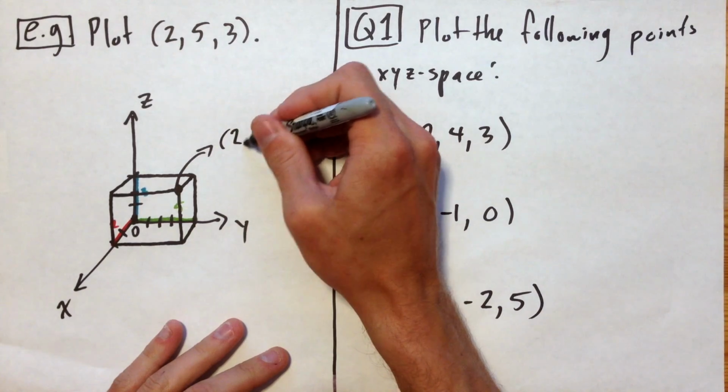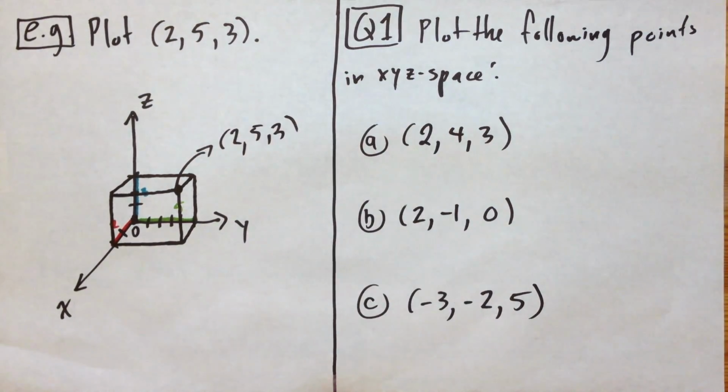This is the point (2, 5, 3). And so this is another way of thinking about how to plot. What's nice about it is that this representation of a three-dimensional box, cube, whatever, is probably something you've seen before, so you've got that idea in your head when you see this.